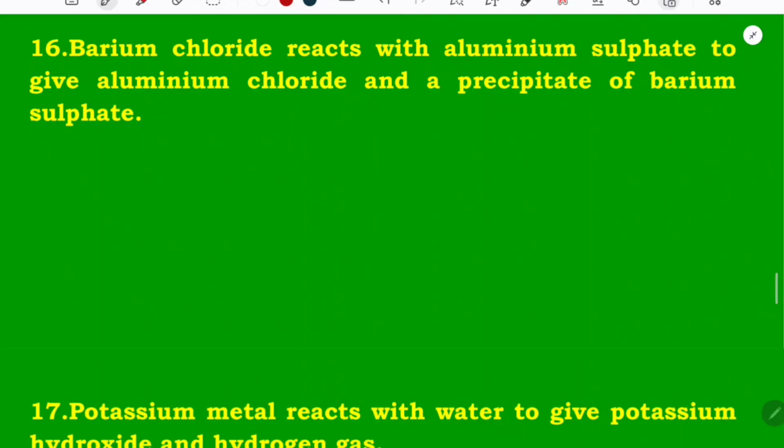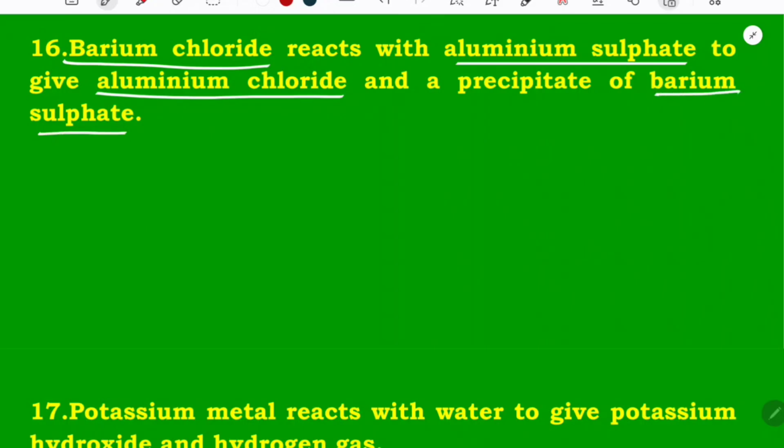Next reaction. Barium chloride reacts with aluminum sulfate to give aluminum chloride and a precipitate of barium sulfate. So now we should write the formulas. Barium chloride formula is BaCl2.